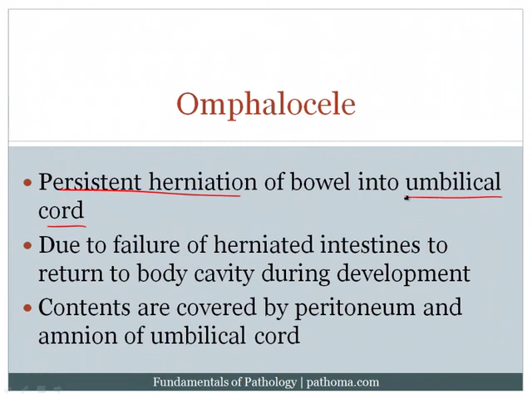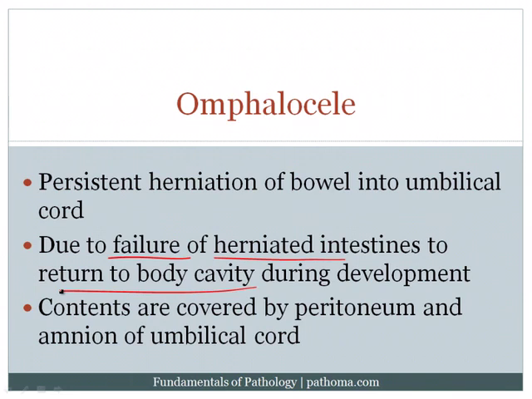And then remember that the bowel undergoes a 90-degree counterclockwise rotation, and when that rotation occurs, it pulls the bowel back out of the umbilical cord into the body cavity. So in an omphalocele, you have persistent herniation. Now remember, the herniation was part of development, but it persists. So you get persistent herniation of the bowel into the umbilical cord. Again, this is due to a failure of the herniated intestines to return to the body cavity during development.